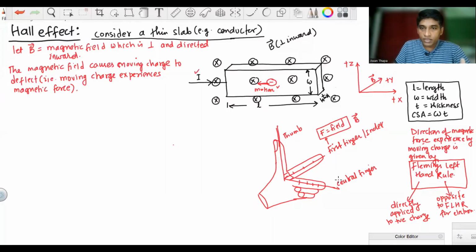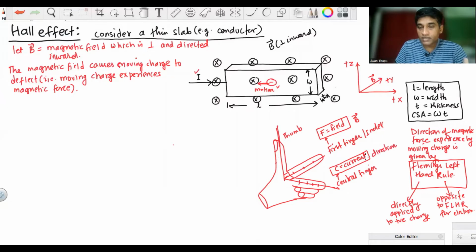And from C of central finger, we have current, that is motion of charge. So this gives the motion of charge, okay. So it gives the direction of charge.